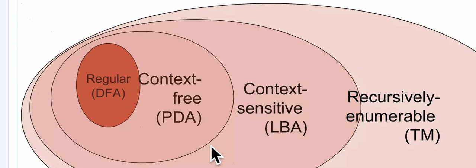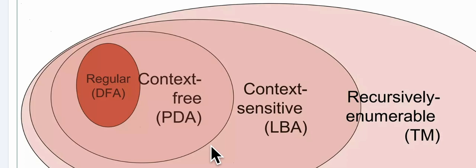Initially they devised finite automata, later pushdown automata, then context-sensitive linear bounded automata, and finally the Turing machine. Now this is a subset concept. Finite automata, which is DFA, is a subset of PDA, meaning a PDA has all the capabilities of finite automata as well as some extra capabilities.